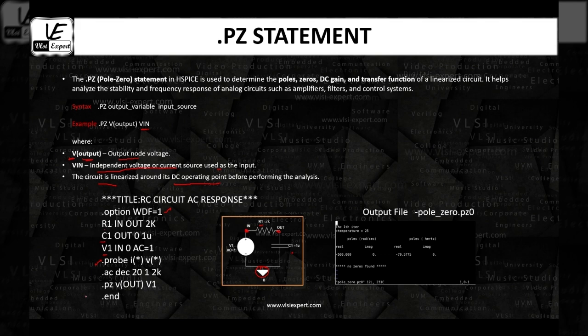And then, as you see, I have used a .pz statement here, with V(out), the voltage at the output node. I want to find the pole and zero analysis at the output node when I have applied the voltage source V1. This is an independent voltage source, and then .end.